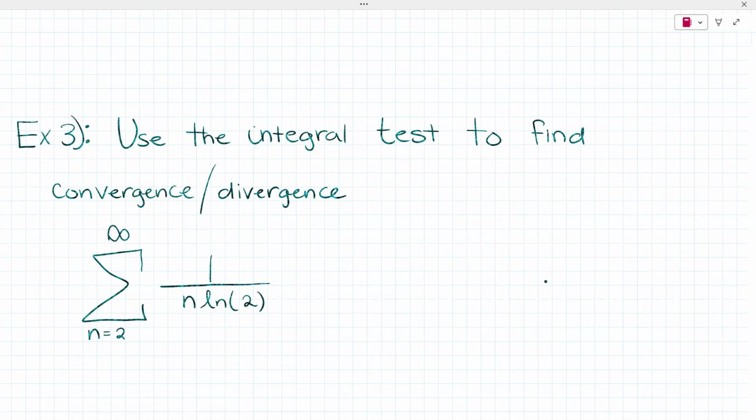Is it positive and continuous? I believe so, right? Because if you plug in 2, it's not going to be an infinity number. So I think it is positive and continuous, so we can use the integral test.